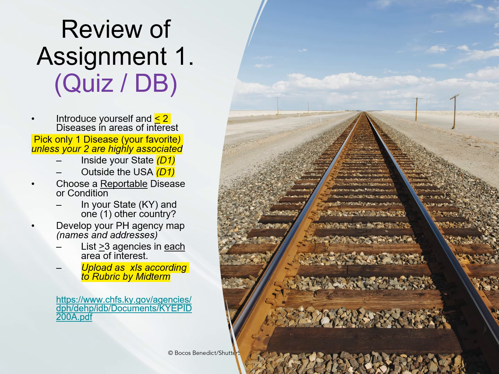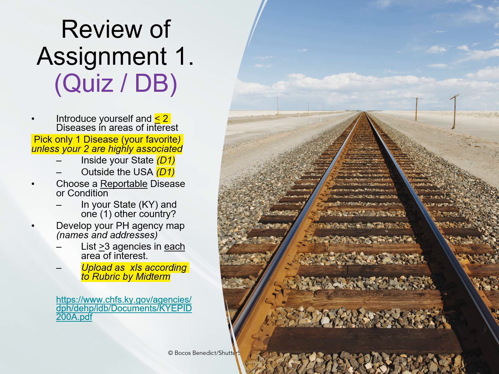First, I want to review a couple of issues with assignment 1. Based on the quiz and discussion boards, some of you found it pretty easy to choose 1 or 2 appropriate reportable diseases and areas of interest. Many of you picked reportable diseases from your state or from Kentucky's list. However, some of you picked 2 highly unrelated diseases. Moving forward, I'd encourage all of you who picked 2 unrelated diseases to choose only 1 disease or condition of interest.